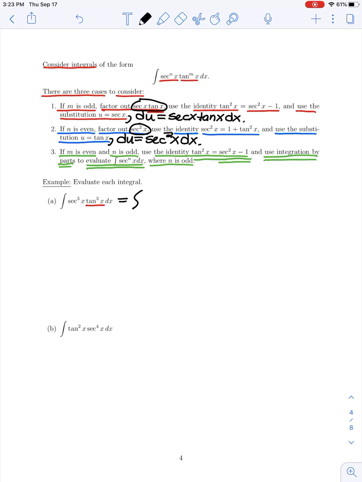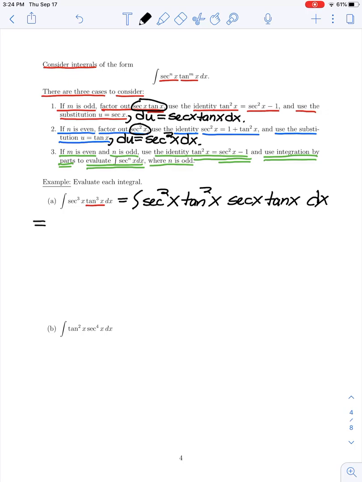So if I had secant x cubed times tangent x cubed, and I factor out 1 power of secant and tangent, then I would be left with secant squared x times tangent squared x. And then I've got my extra factor of secant x times tangent x on the end.